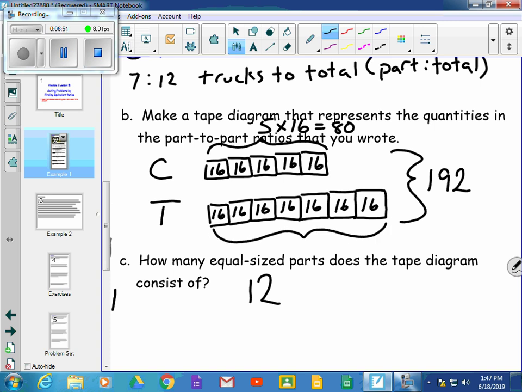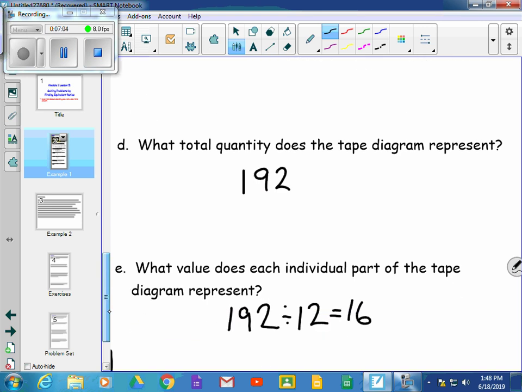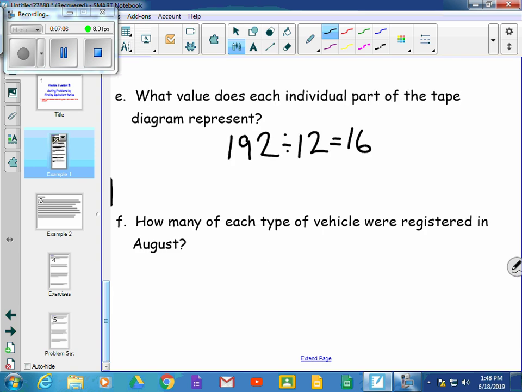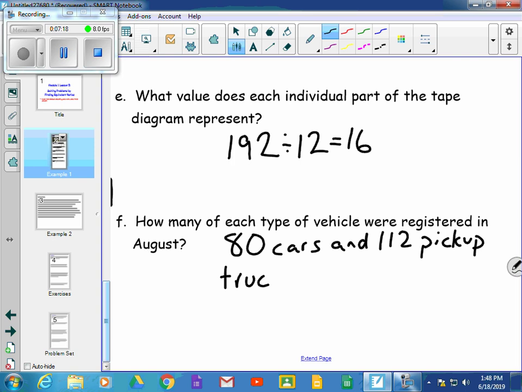The bottom bar represents pickup trucks, and there are 7 of those, 7 parts of 16, and you might have to use a calculator again. It's equal to 112. So that tells us there were 80 cars and 112 pickup trucks registered in August.